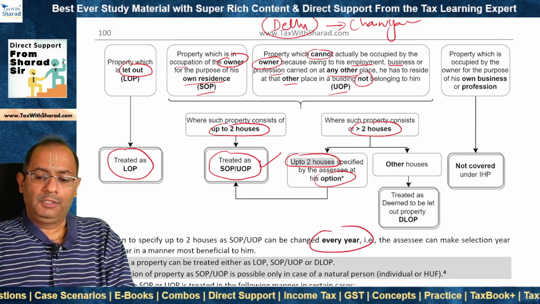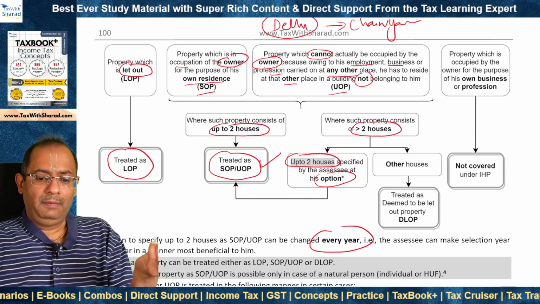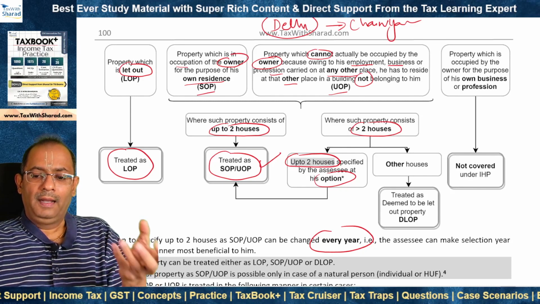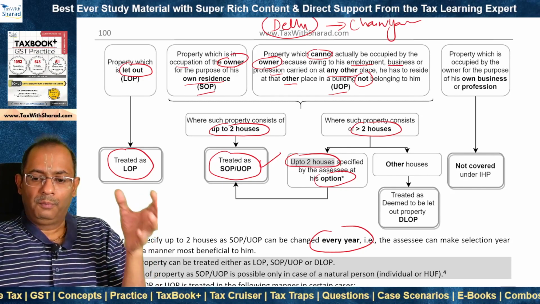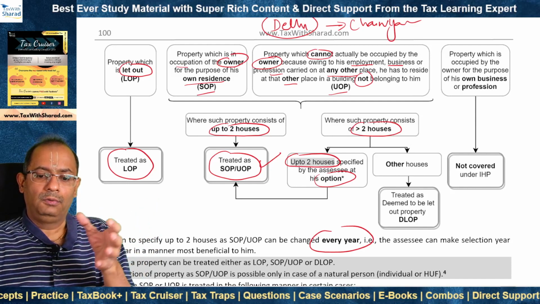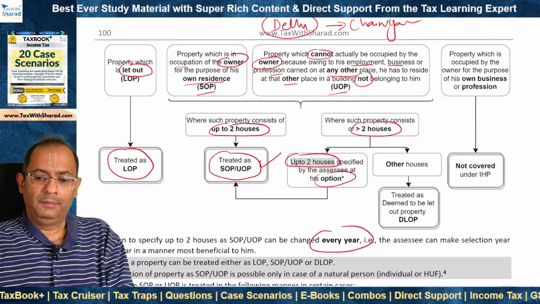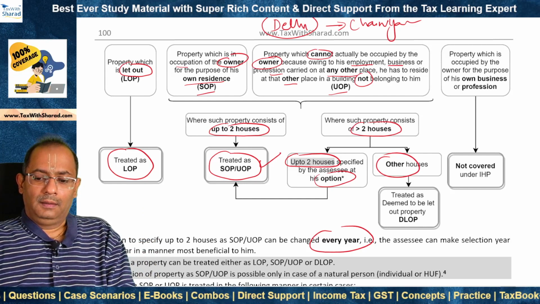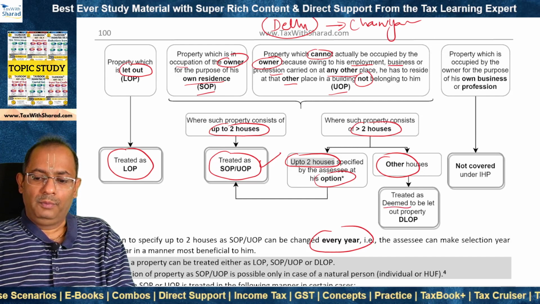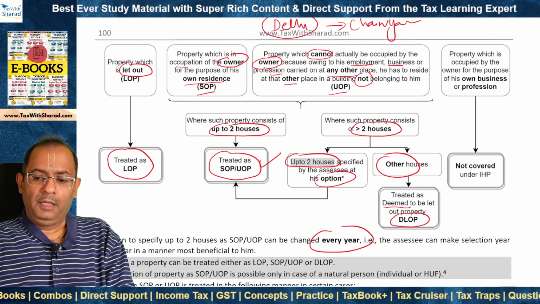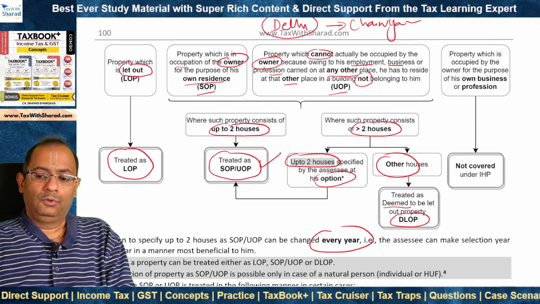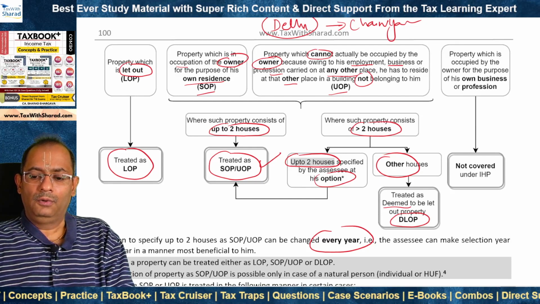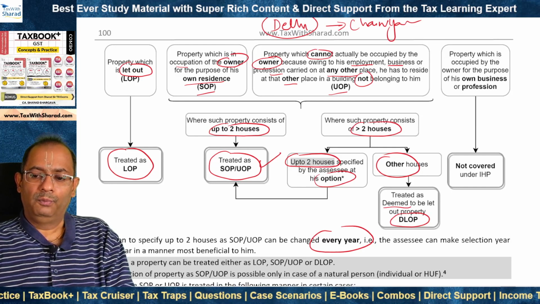And this option can be changed every year. So the SSE can make the selection every year in a manner most beneficial to him and decide which are the two properties he wants to characterize as SOP or UOP. As far as other houses are concerned, they are treated as deemed to be let out property or DLOP. So even if those houses are not actually let out, they are classified as deemed to be let out and the tax treatment is that of DLOP.